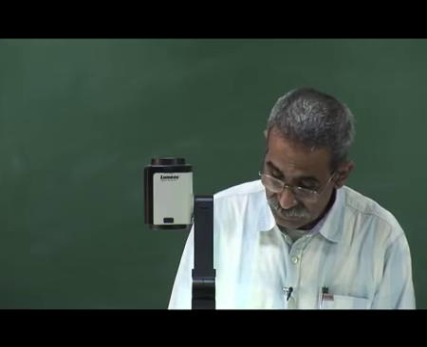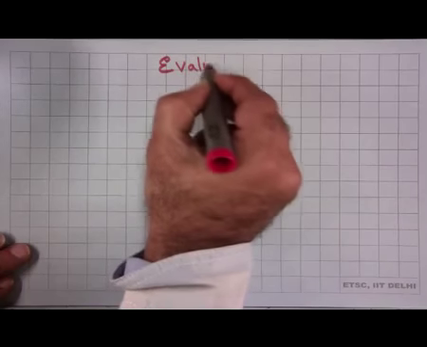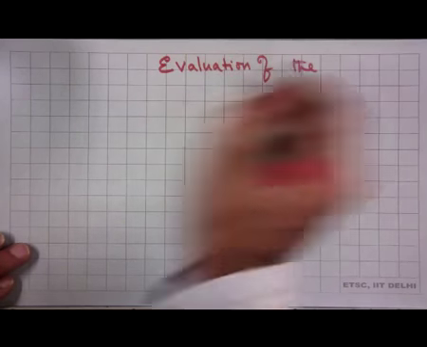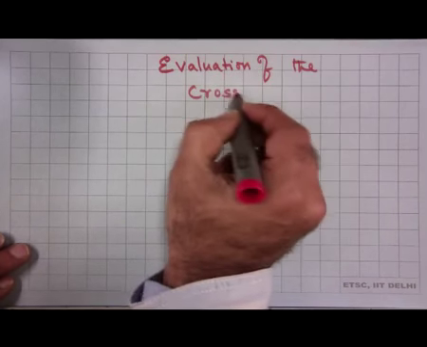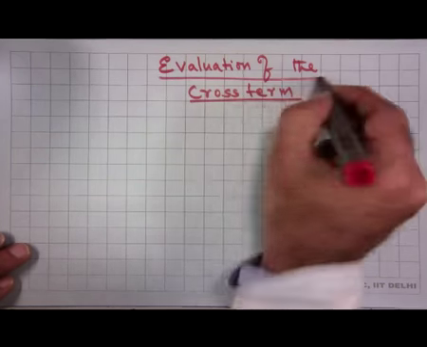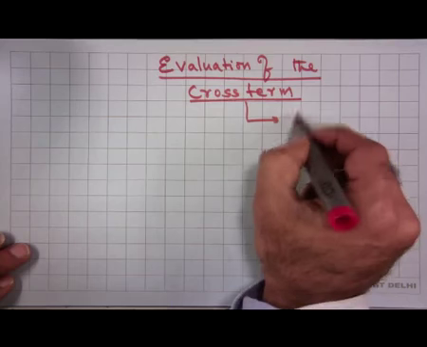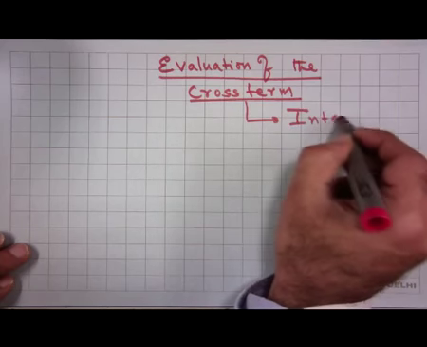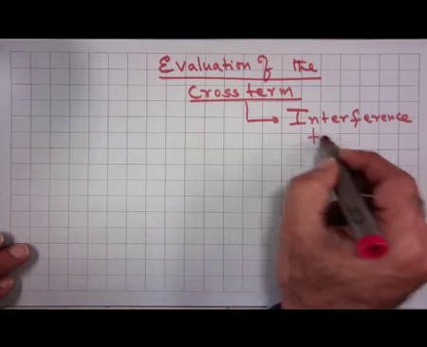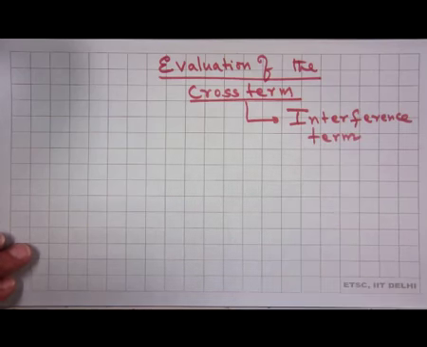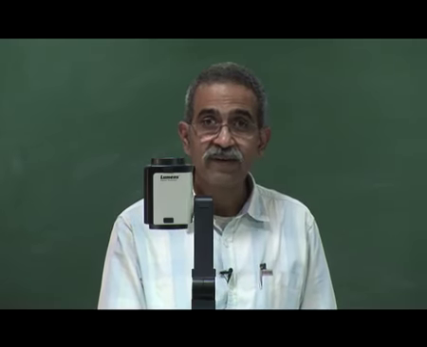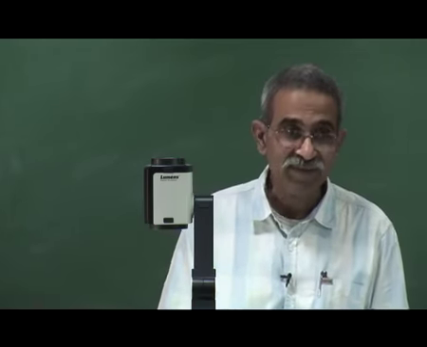So, evaluation of the cross term, also called the interference term. So, this interference term can work either in favor or work at cross purposes.